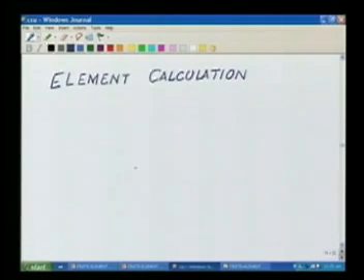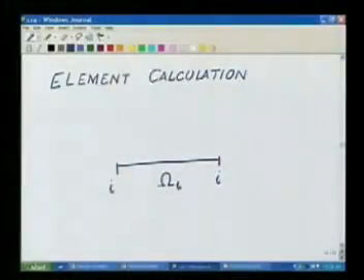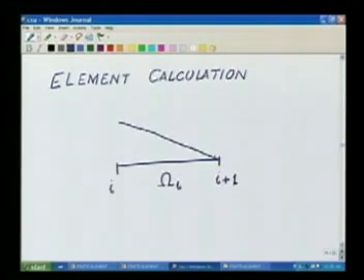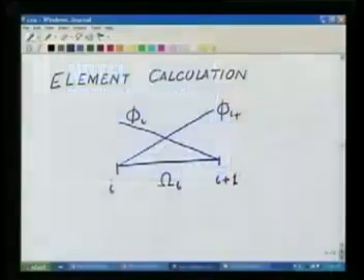What is the idea? If you take an element omega I, it will have nodes I and I plus 1. So in this element, which of the phi i's are going to be non-zero? The only phi i's which are going to be non-zero are phi I and phi I plus 1.